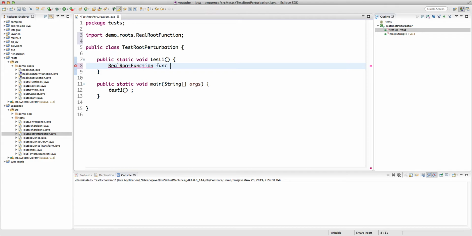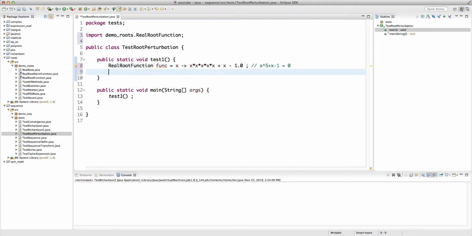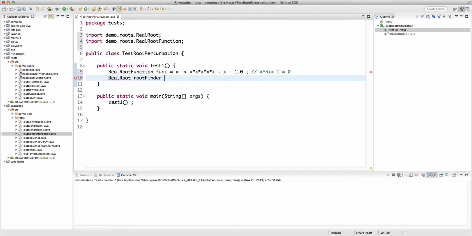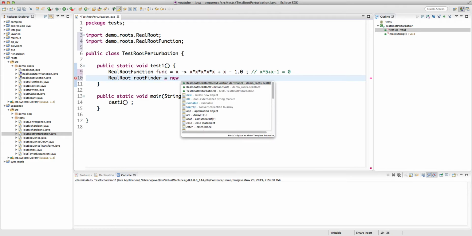Let's call this func, which is equal to x goes to x times x times x times x times x, 5 times, plus x minus 1. So we are getting x to the 5th plus x minus 1 equals 0. And then we have the real root object. Let's call it root finder equals new real root.